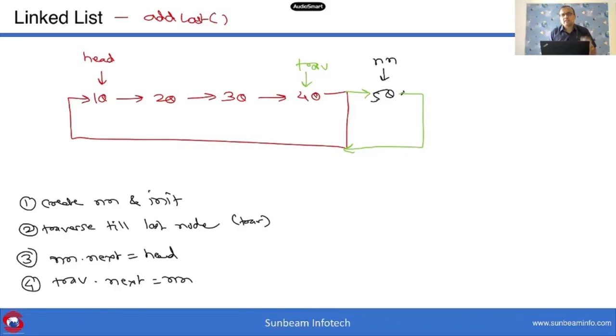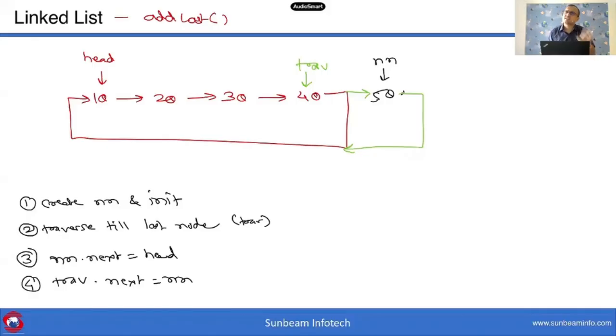I always believe that data structure is not a subject to teach. I always believe that data structure is a subject to learn. I repeat, it is not a subject to teach, it is a subject to learn. And how to learn? You draw the diagram, you come up with your own code, let it be wrong code or right code. You type your own code in any language, you test it.